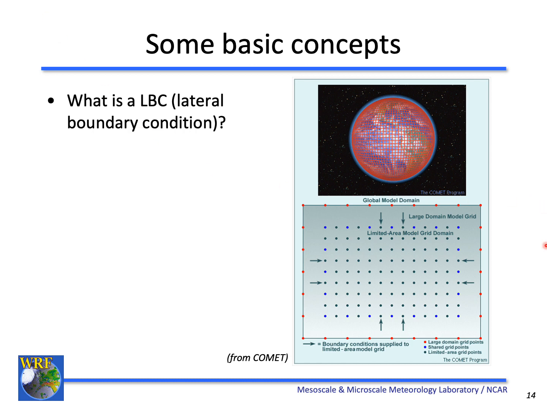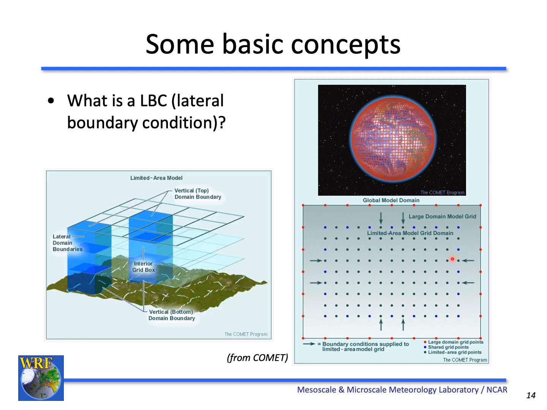This is where the concept of lateral boundary condition comes in. For a limited area model, it needs data from a global model to define the flow condition outside the regional model. The global data comes into the regional model as data at the lateral boundaries, as it is illustrated by the blue dots on this figure, which we call the lateral boundary condition.